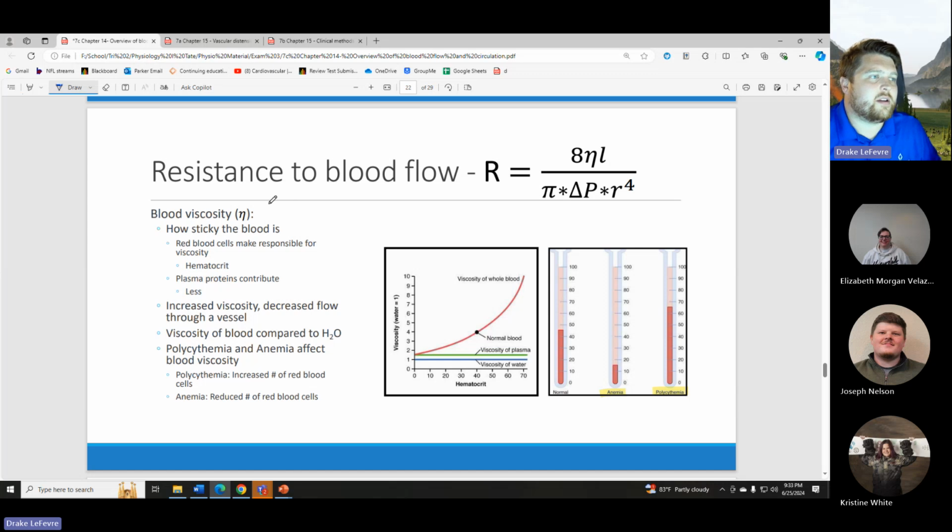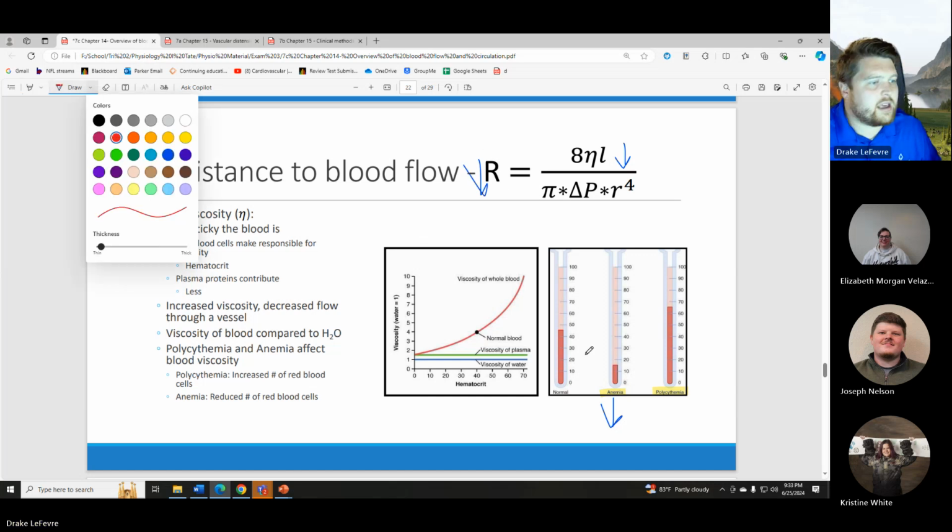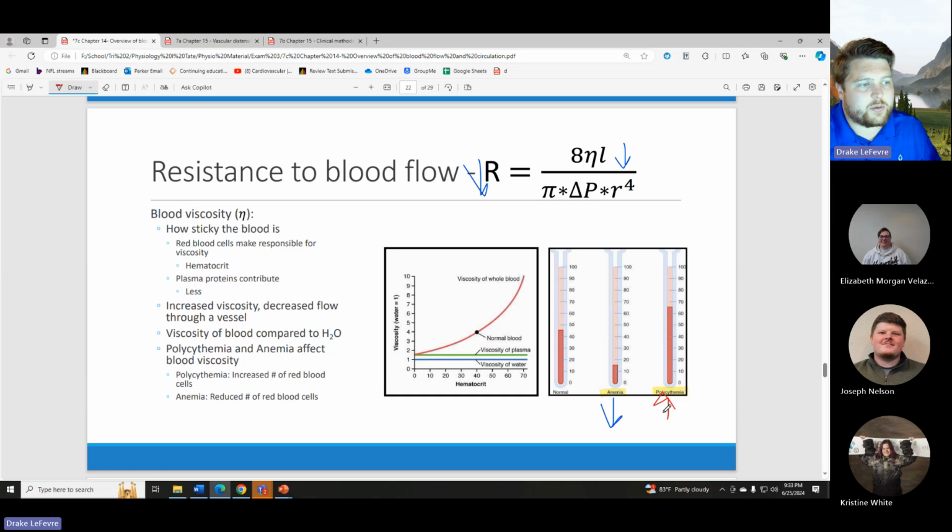So with anemia, viscosity goes down, we look at our equation. If viscosity goes down, top number gets smaller, resistance goes down. If viscosity goes up with polycythemia, resistance goes up.